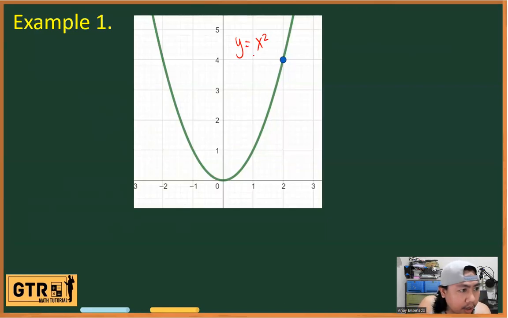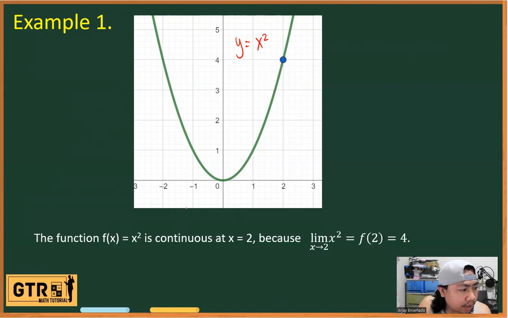So the function f of x equals x squared is continuous at x equals 2 because the limit of x squared as x approaches 2 is equal to 4. If x equals 2, the value of y is 4. So f of 2 equals 4, and also the limit of x squared as x approaches 2 is 4.